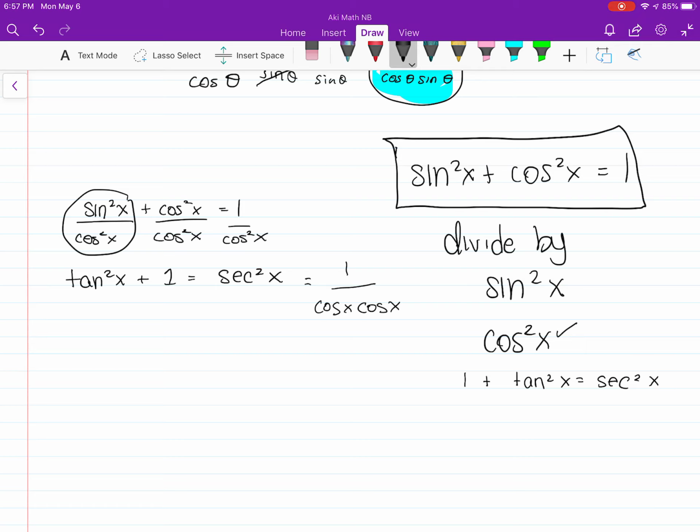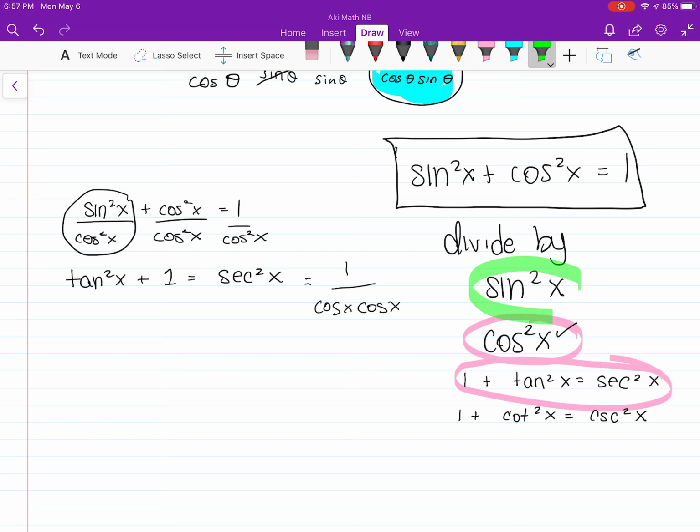When we divide by sine squared x, we get 1 plus cotangent squared x equals cosecant squared x.